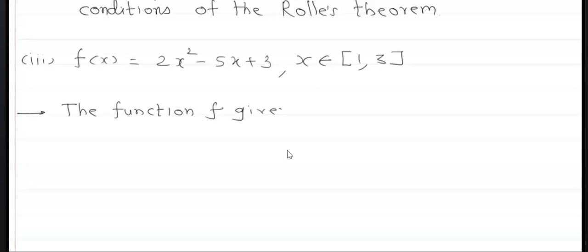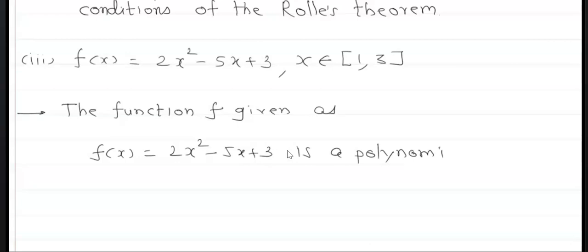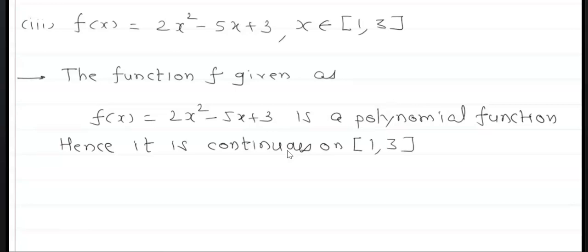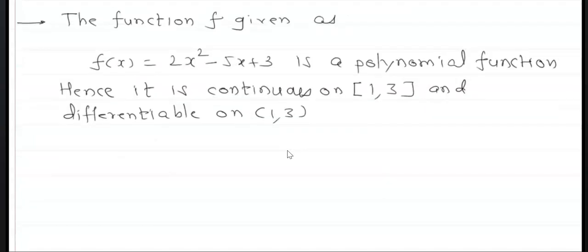The function f given as 2x square minus 5x plus 3 is a polynomial function, hence it is continuous on the closed interval 1 to 3 and differentiable on the open interval 1 to 3.